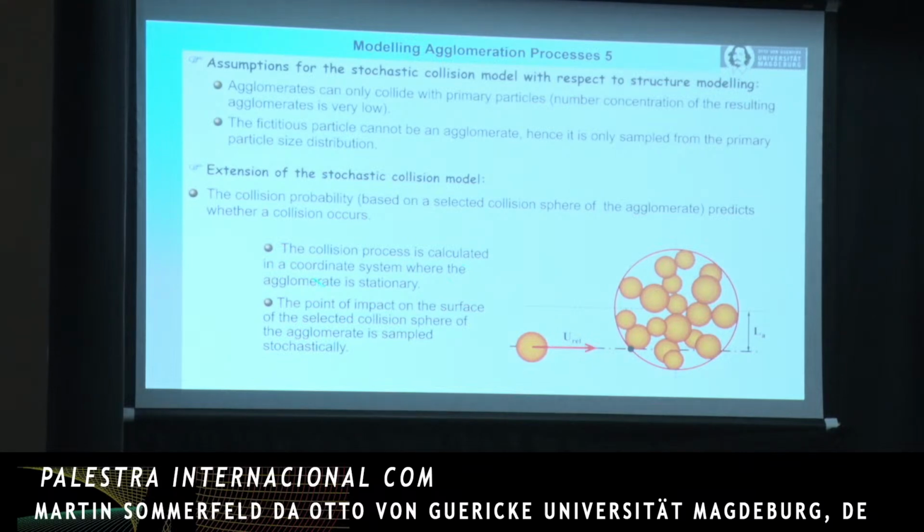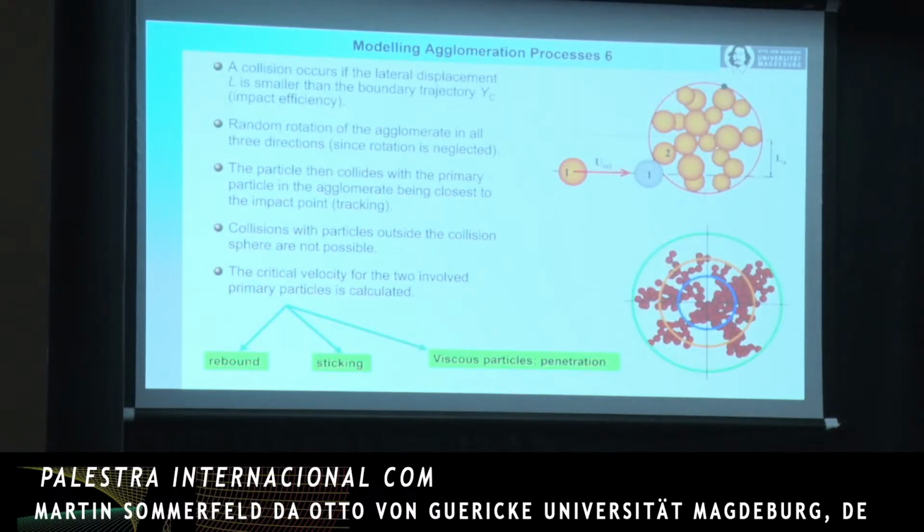So we account for this impact efficiency and distribution, and we select the point of impact randomly. Having this point of impact, we have this lateral displacement and yc. We can account for this impact efficiency. This point is now moving there.